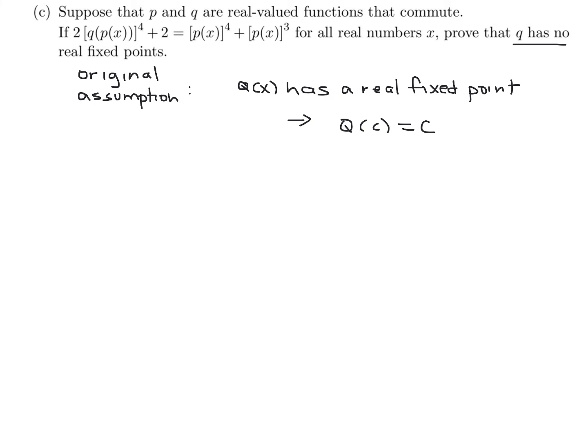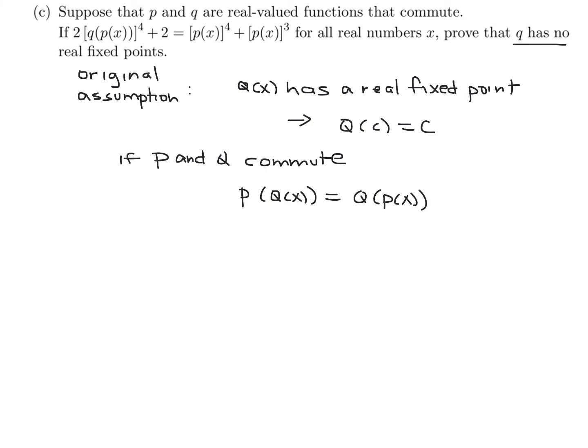Okay, so here we go. They told me that p and q commute. So if that's the case, based on our definition, if p and q commute, then that means that p at q at x is equal to q at p at x.